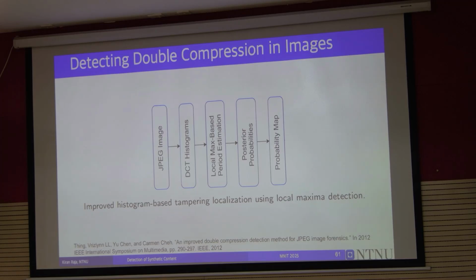And then once you have this, we use the theory of likelihood estimation. Given this image, given this DCT coefficient, what is the likelihood that this is a manipulated image? And then just by simply looking at local maxima detection, they figured out that I not only can say whether this image has been manipulated or compressed or not, but I can also say which areas are exactly compressed, right?